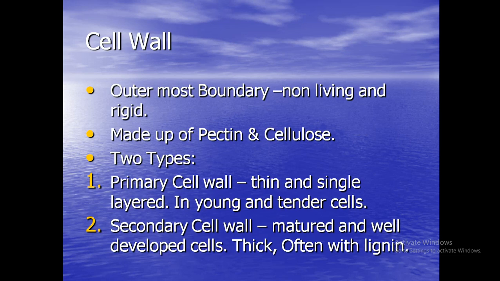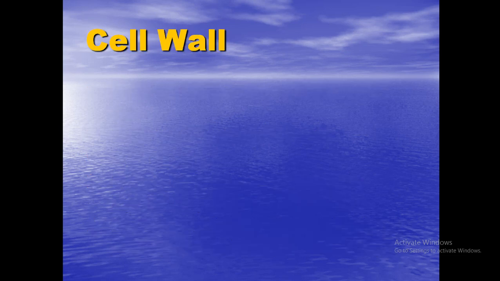The other type is the secondary cell wall, which is matured, grown up, with well-developed cells you can see. They are thick because along with the pectin and cellulose, you can also expect one more material, that is lignin.